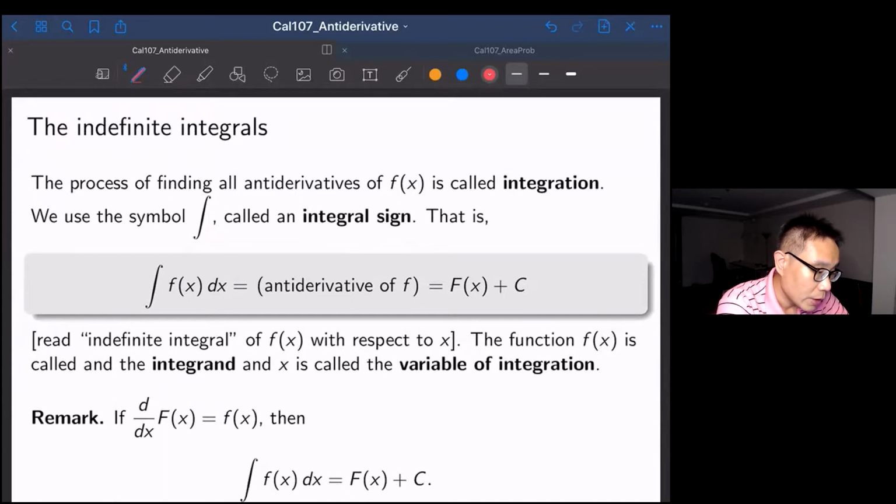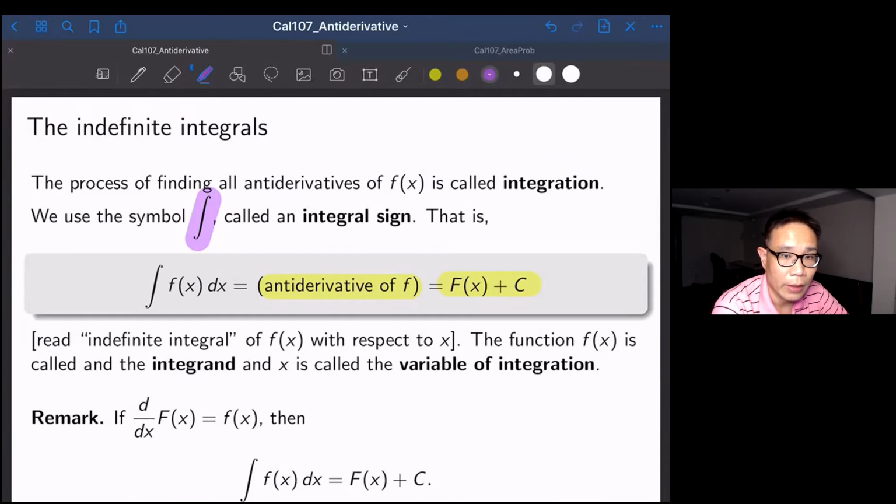So we learned before that the antiderivative of f is the capital F. We're going to use the integral sign, which looks like this, in order to indicate the backward procedure where we find the antiderivative of the given function f.